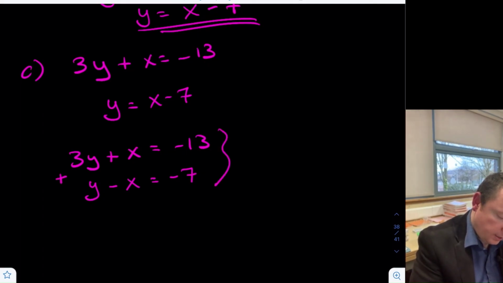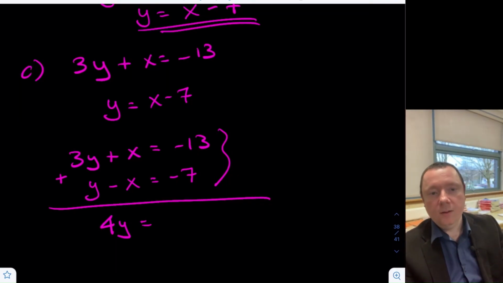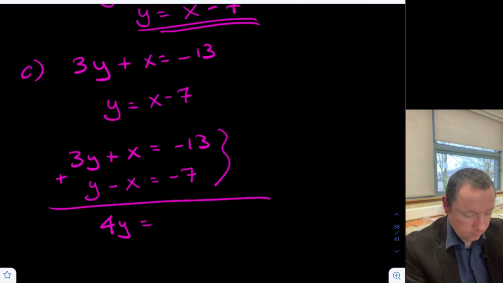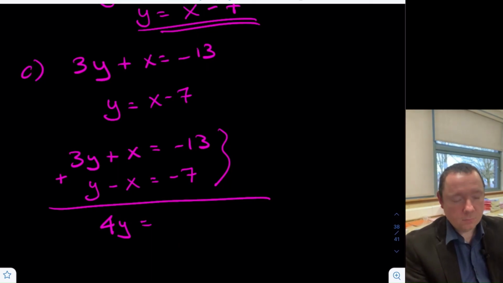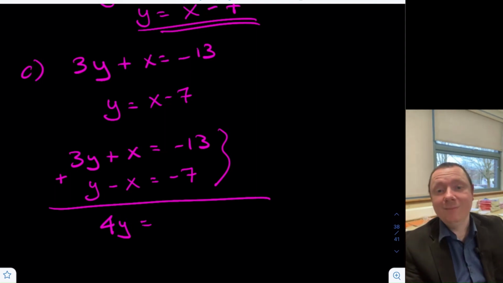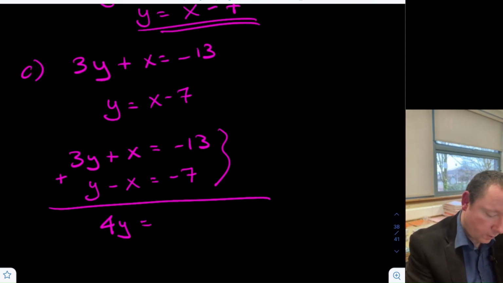We can add them together to get 4y equals minus 13 minus 7, minus 20.